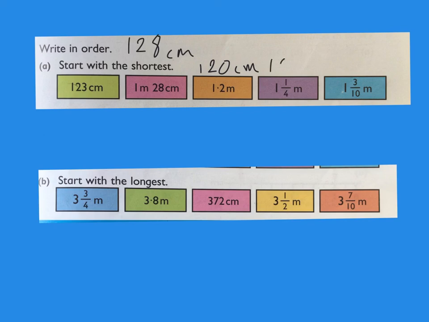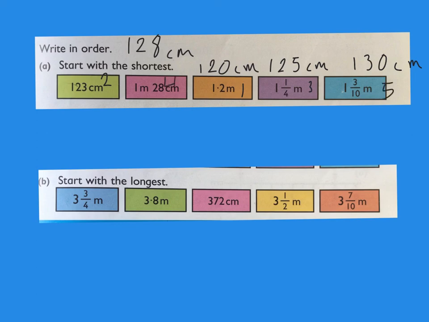This one is 125 centimetres. 1 3/10 of metres, so the 3/10 is 30, so this is 130 centimetres. Now, this makes it much easier for me to put these in order, starting with the shortest. So the shortest one is 120 centimetres, this is number 1. Number 2 is 123. Number 3 is 1 1/4 metres. This is number 4, and this is number 5.